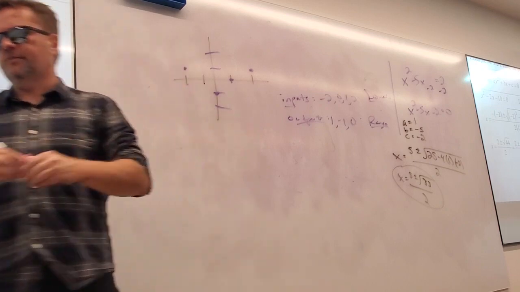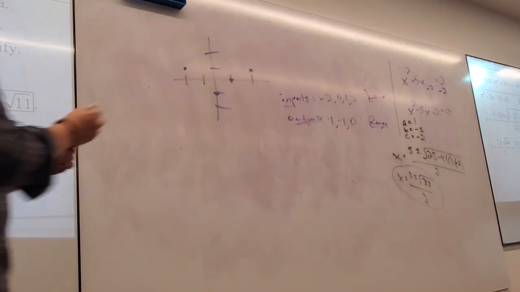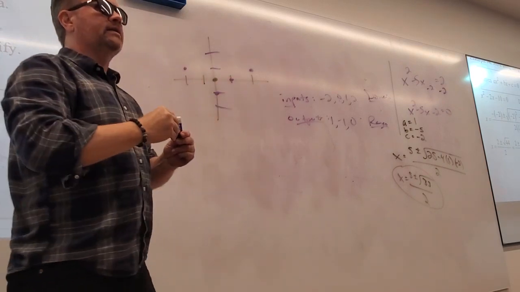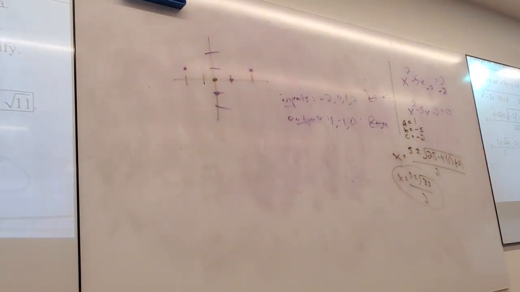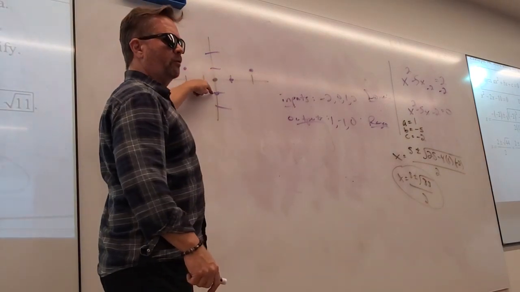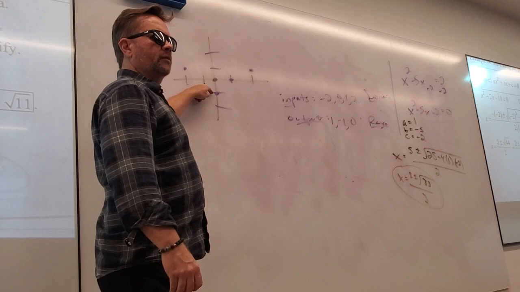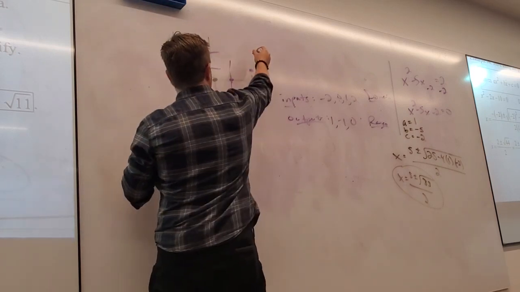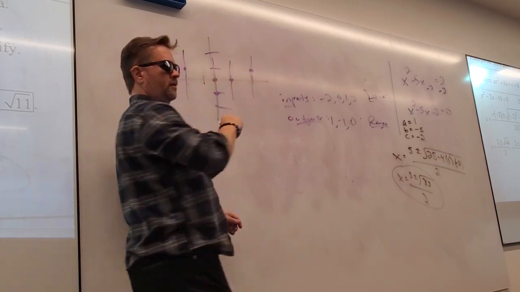If I put a point right there, why is that now no longer a function? Because there are 2 outputs for 1 input, yes. Do you see how if I draw a vertical line, it's cool everywhere except there?